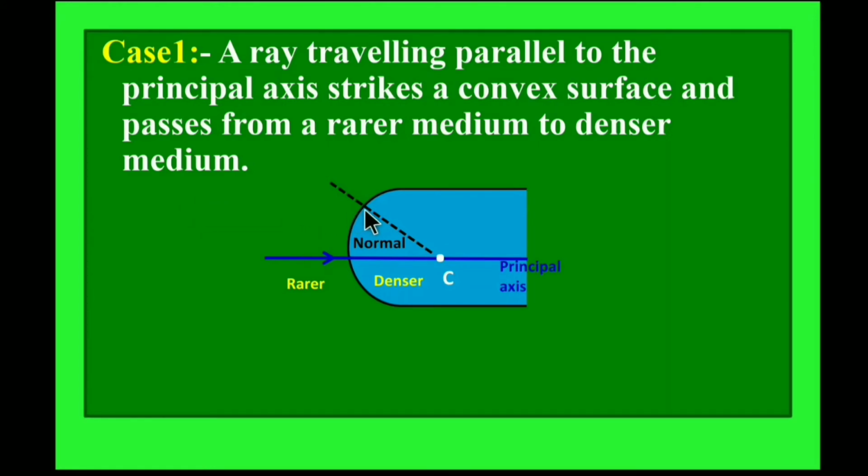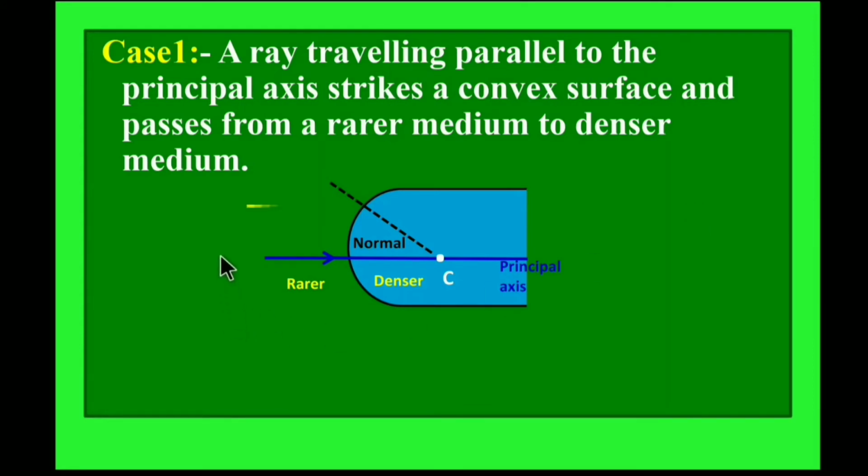The light ray will be incident at this point. If you observe, this is the convex surface, bent or bulged outward. That's why this is the convex surface. Now the light ray is incident on this convex surface and passes from a rarer medium to denser medium. Then what happens here, we will see.